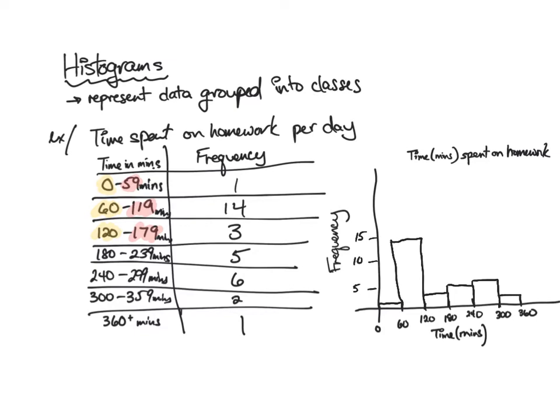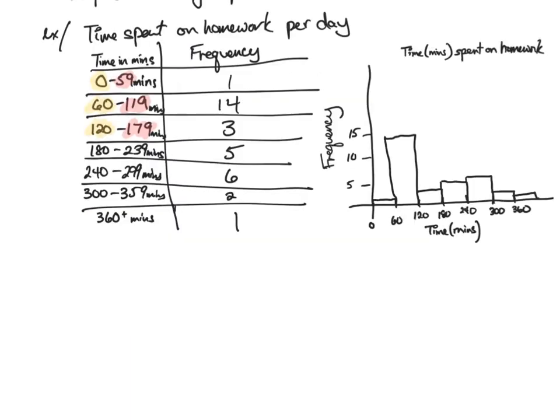And then we have 1 here. Okay, so you've shown all of your data. So this would be how you create a histogram based on information that you were given in a frequency table.